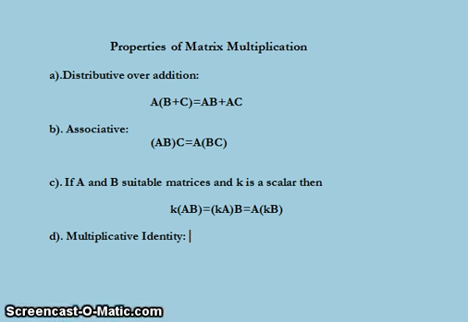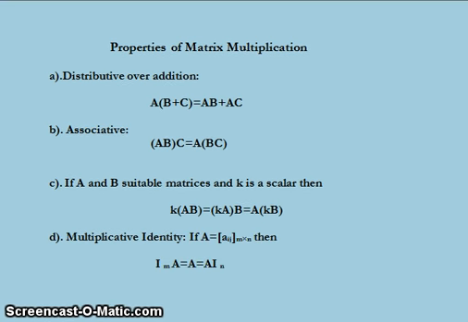For this we consider a matrix A which is of order m by n, then the product obtained by multiplying the identity matrix of order m with the matrix A would be equal to the original matrix A, and this would be equal to A into the unit matrix of order n.